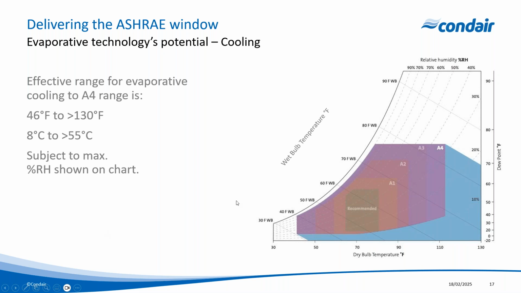So if you remember that the adiabatic cooling process is a constant enthalpy process, we can determine our leaving condition simply by moving up that specific enthalpy line. Now, exactly how far up that enthalpy line you can go will depend on the capacity and the efficiency of the evaporative cooling system that's being used. And we'll talk about that a bit more when we start looking at the different technologies.